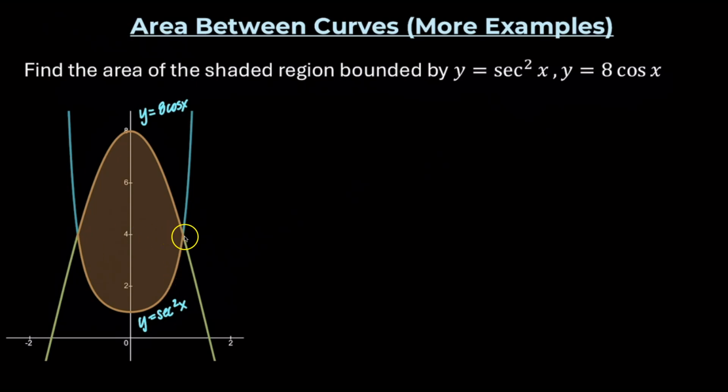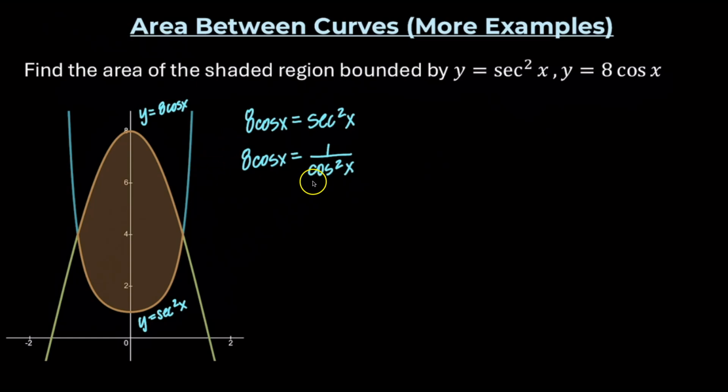So we clearly know which is the top and which is the bottom function, but what we're missing is where these two graphs intersect. So we're going to have to solve: when is 8 cosine x equal to secant squared x? Well, we know that secant x is 1 over cosine x from our trig identities. So we have 8 cosine x is equal to 1 over cosine squared x.